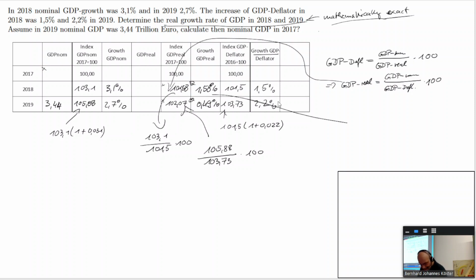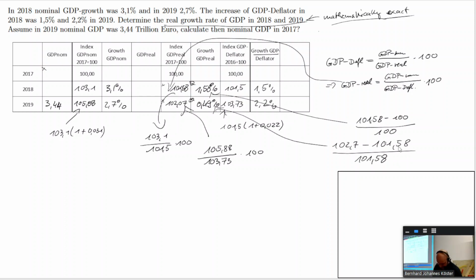So what we have is 101.58 minus 100 over 100, and this one is 102.7 minus 101.58 over 101.58.